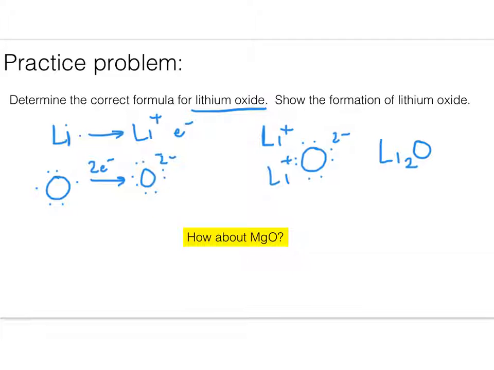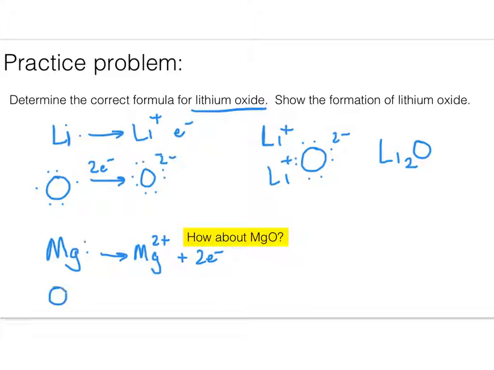Okay, so how about magnesium oxide, MgO? Magnesium is in the alkaline earth metals, and it has 2 electrons that it would love to get rid of. So it's going to form a positively 2 charged magnesium, and it's just going to lose both of the electrons.